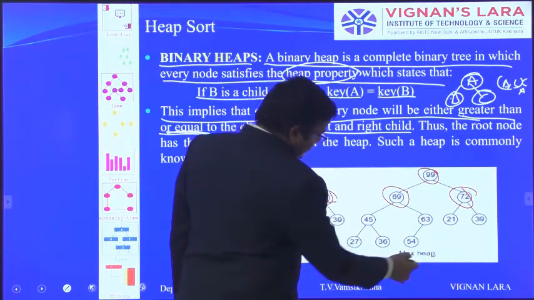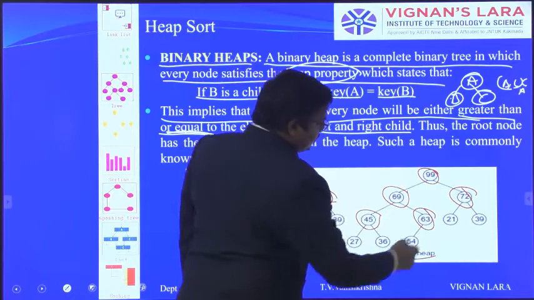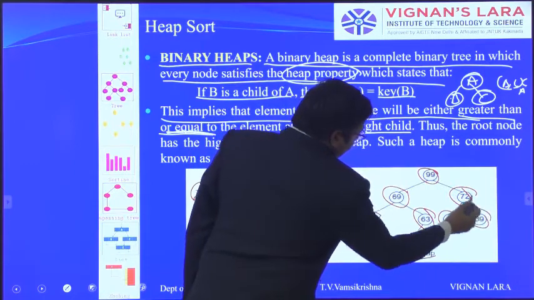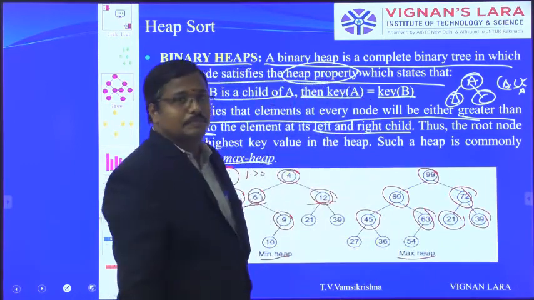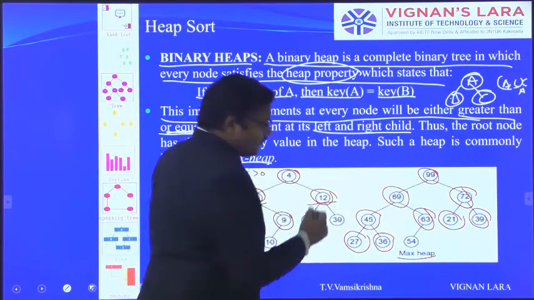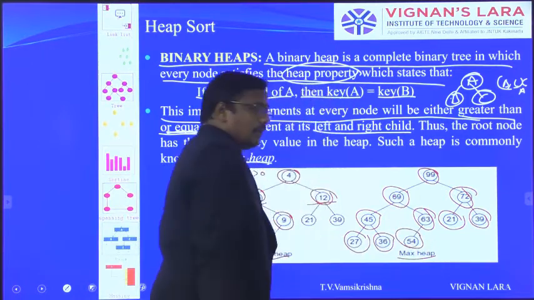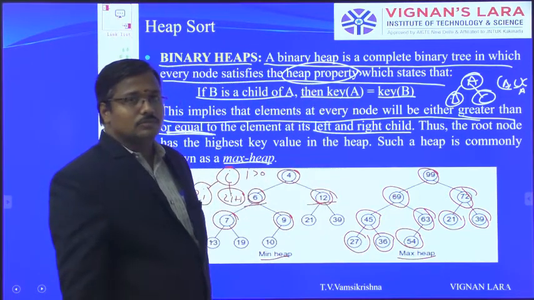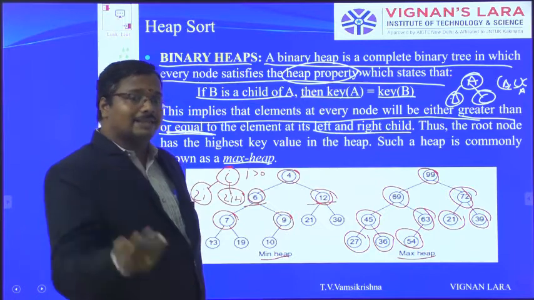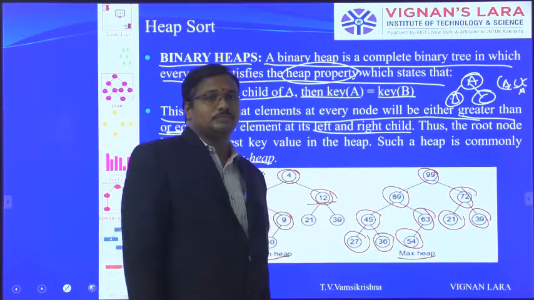That's why this is a max heap. Of 45 and 63, 69 is maximum. Of 21 and 39, 72 is maximum. Of 27 and 36, 45 is maximum. Of 54 and 63, 63 is maximum. So the parent positions are maximum. That's why this is called a max heap.